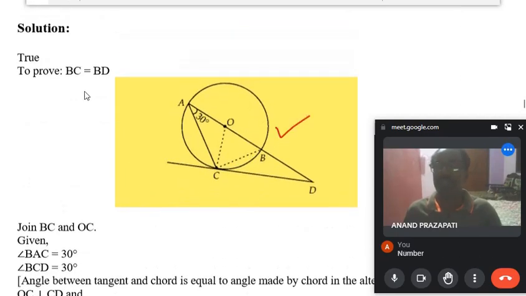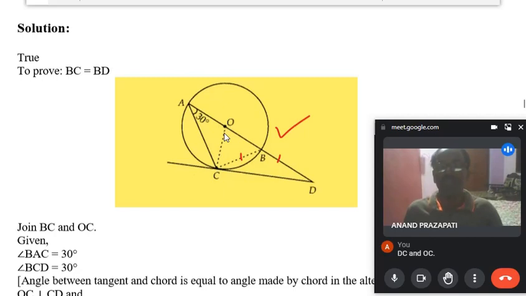Join B and C. The question asks us to show BC equals BD. So this is BC and this is BD. We join BC and OC.